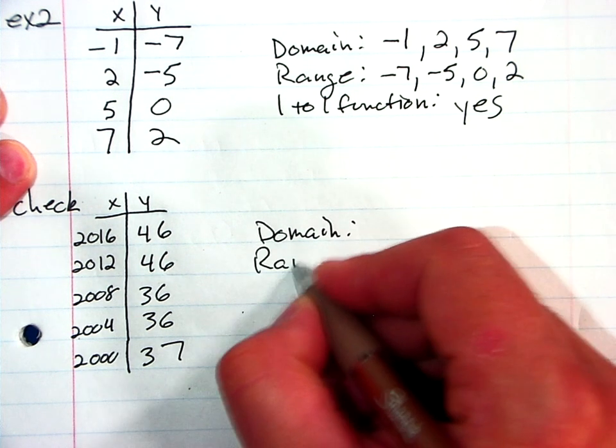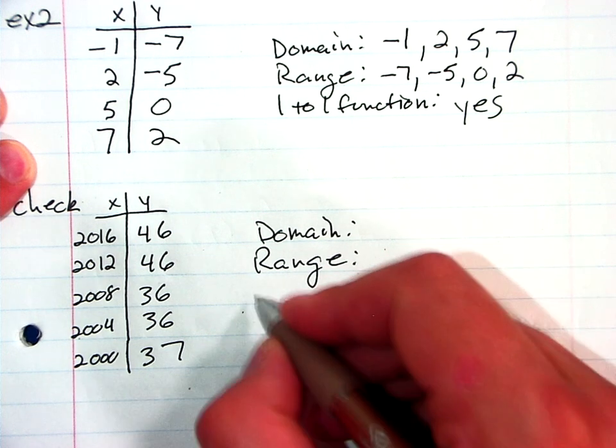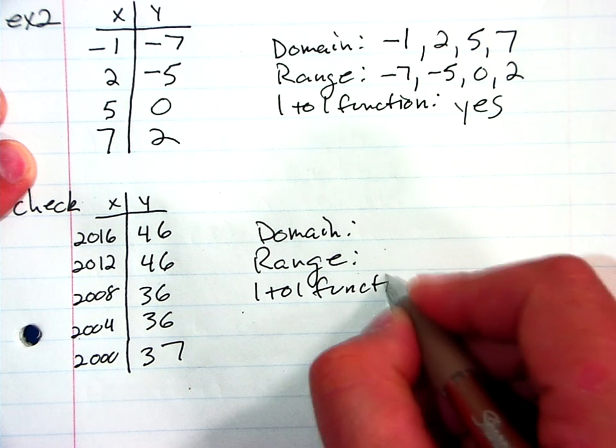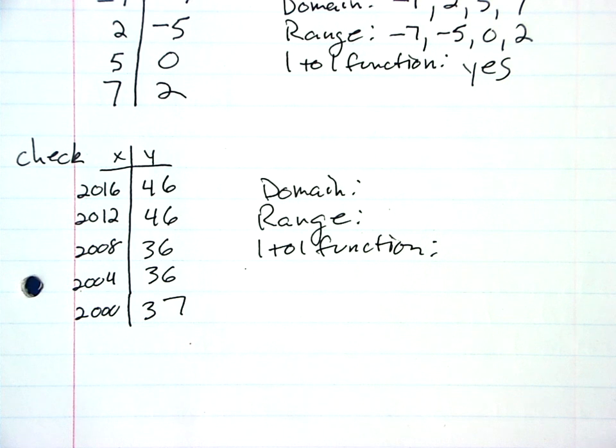So we need to know the domain, the range, and is it a 1 to 1 function? All right, take a minute, answer that, and compare with your neighbors, please. And I'm going to not so randomly call on more people. You don't need to write them down if they're repeated. You only need to write down once.